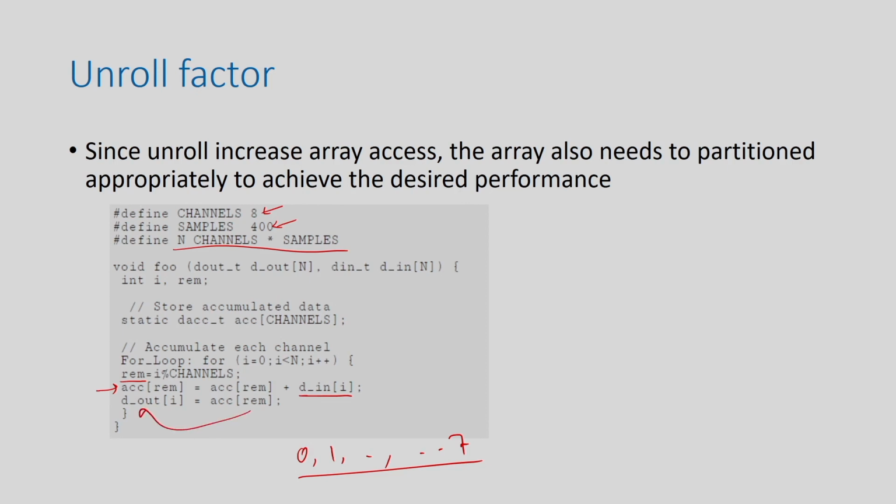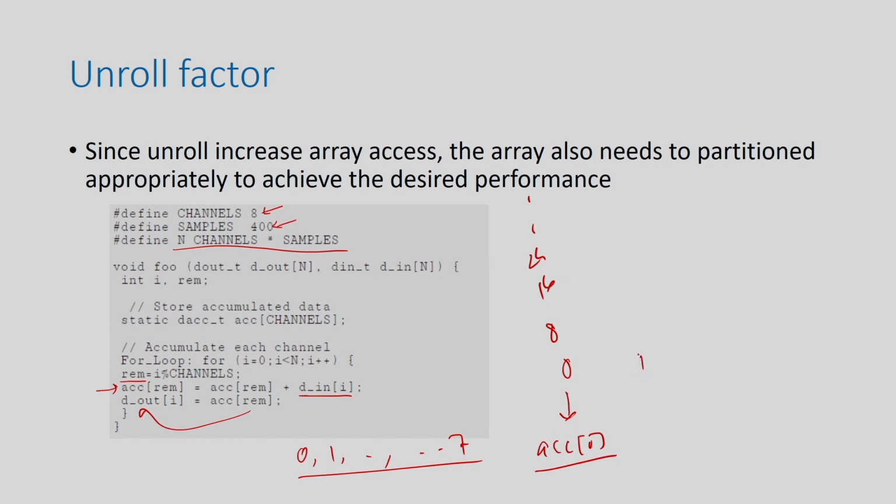So, basically there are 8 channels, and the corresponding data. Whenever some i comes, the D in values at 0, 8, 16, 24 I am going to put into ACC 0, which is my channel 0.